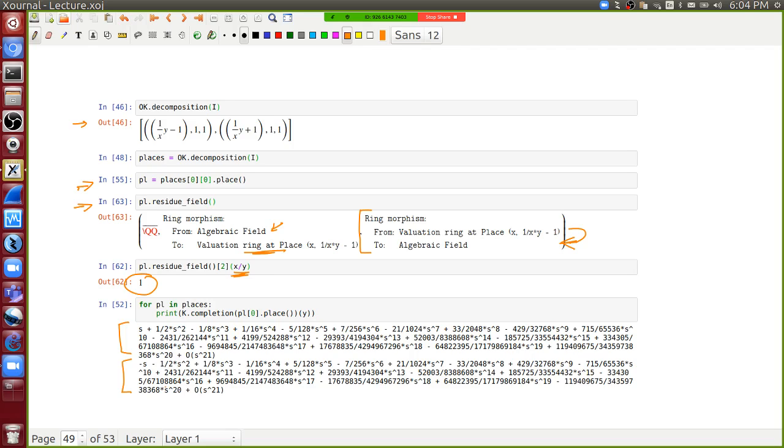But no, this is not done with Newton polygons and hypothesizing series. This is done with this ring morphism, and you just shift it. You just shift the series left, and you evaluate the resulting rational function at the place. You reduce it modulo the ideal, and you get its value.